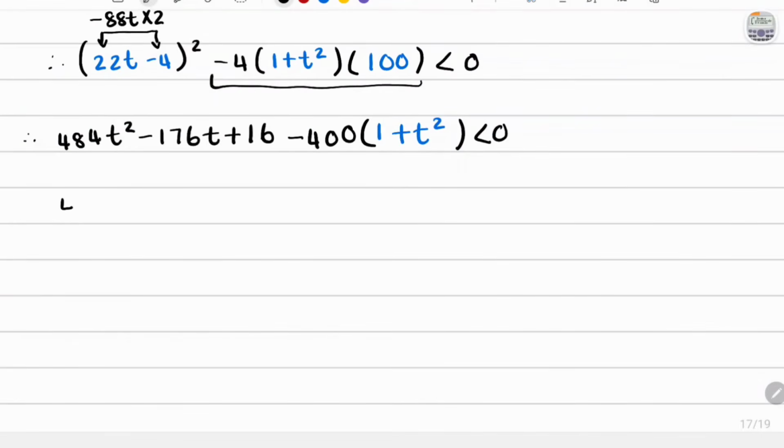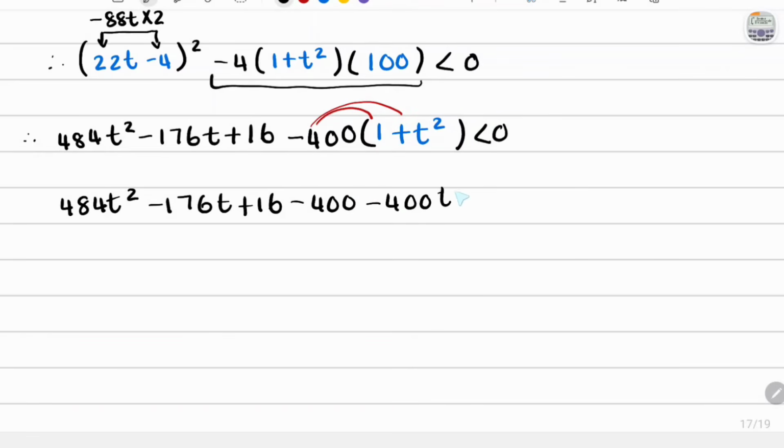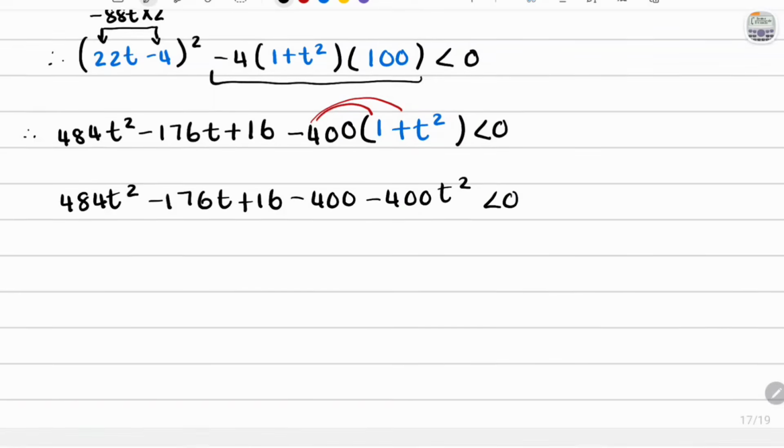So we still have the 484 t squared. And then we have this, which doesn't really have a like term with anything, so minus 176t then plus 16. And then when we distribute here, we get negative 400, and then that gives us a negative 400 t squared, and that is less than 0.